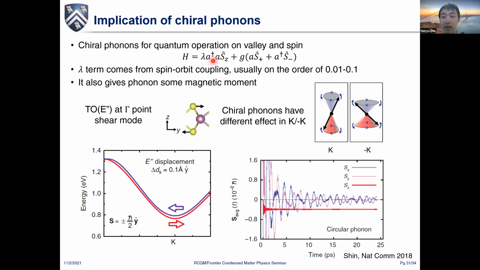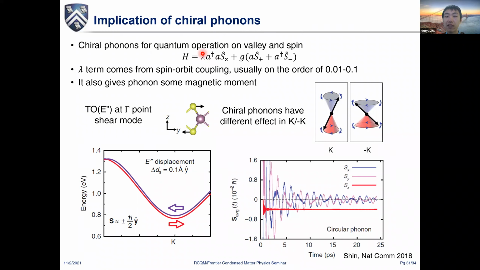That means if you have one chiral phonon per unit cell, you expect to generate about 0.01 h-bar of magnetization per unit cell. And vice versa. If we have materials magnetized with roughly 1 h-bar per unit cell, the phonons will change their energy by about 1% to 10%.